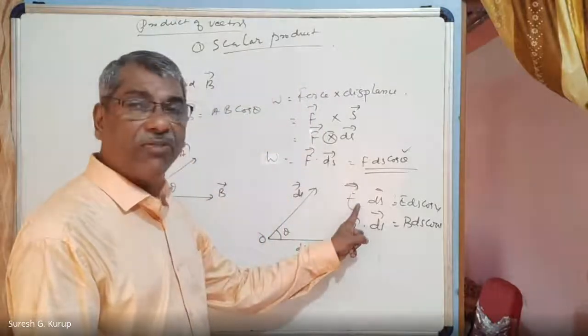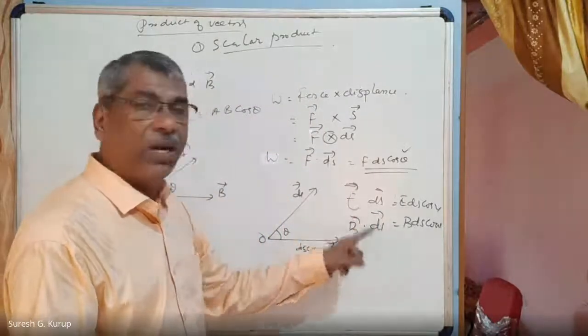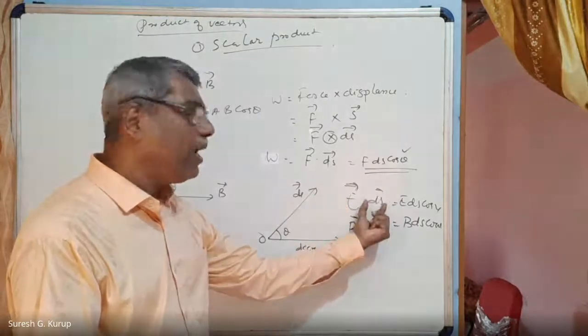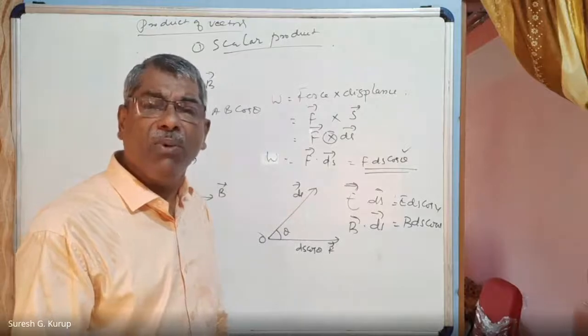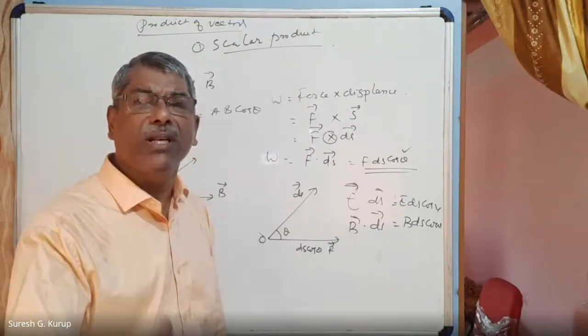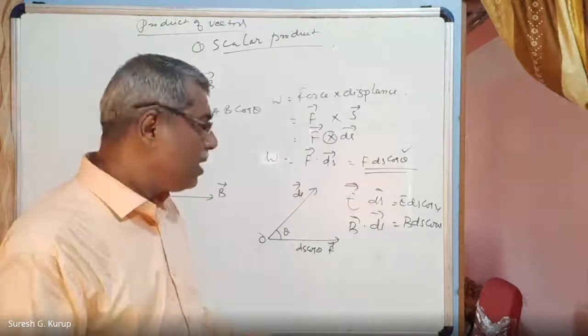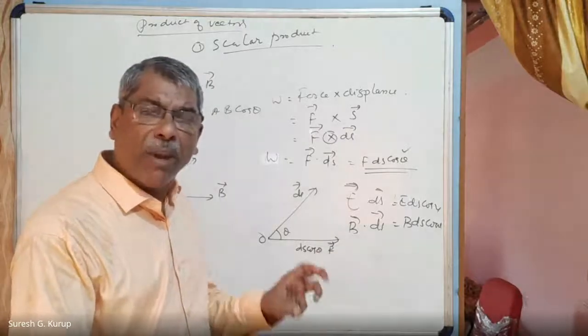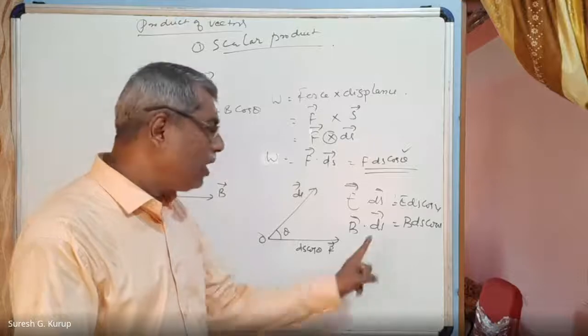This is the surface integral of the electric field, or electric flux, through a small area. Electric flux means the number of field lines passing through a certain area in an electric field. This is magnetic flux through a small area, that is, the number of magnetic lines of force passing through a small area ds.